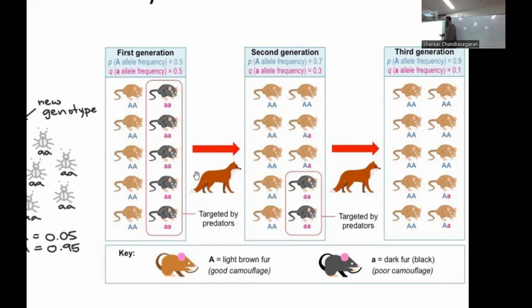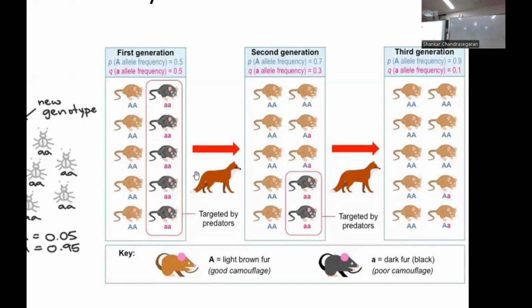At first, you start off with a balanced population with high variability between light brown fur and dark fur. Then, due to a selection pressure from predators that select against dark fur, more of the light brown fur will be able to reproduce into the next generation, reducing the allele frequency of the dark fur and increasing the allele frequency of the light fur.